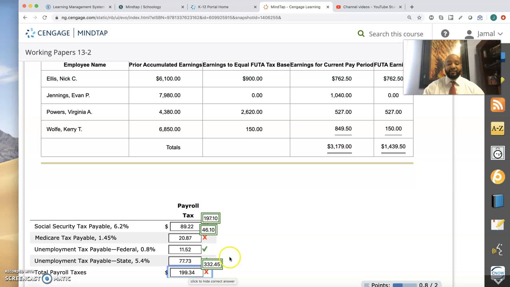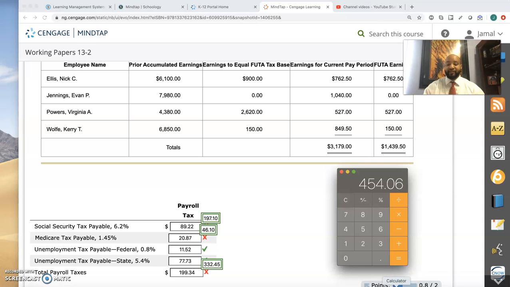Correct answer is 332.45. What is that about? How did we get so off? Let's check our numbers again. Let's clear.